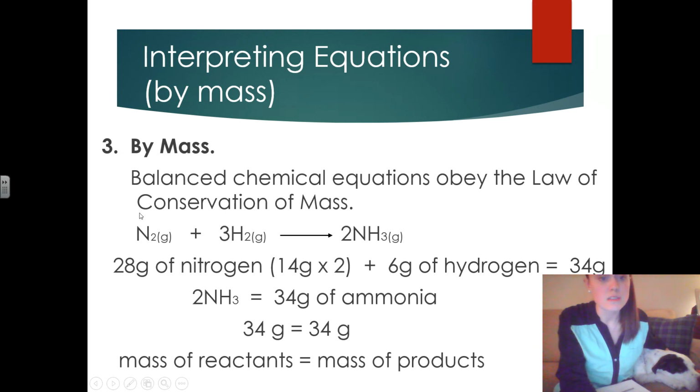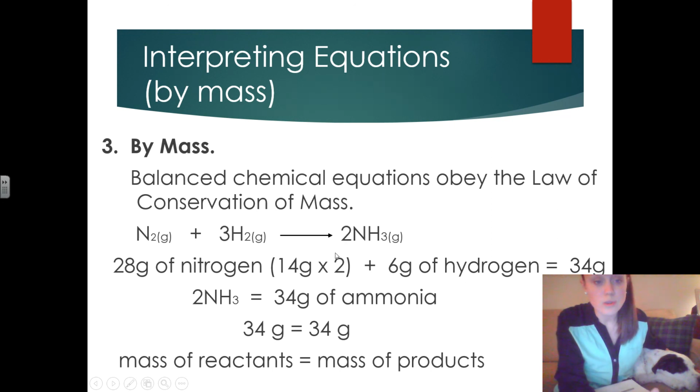So if you look at our same chemical equation that we used on the previous two slides, calculate the molar mass of a molecule of nitrogen to be 28 grams. The molar mass of a molecule of hydrogen is 2 grams, but we have to multiply that by 3 because of this coefficient. And then the molar mass of ammonia, but we multiply that by 2 because of this coefficient here. Okay.